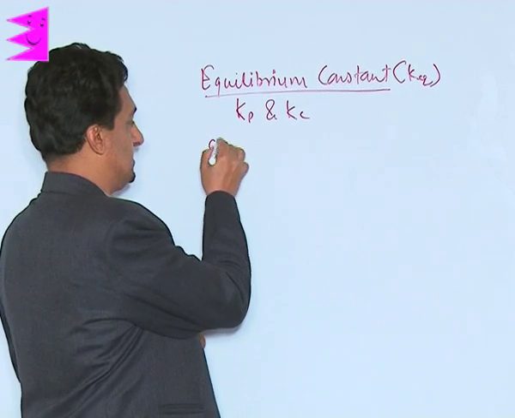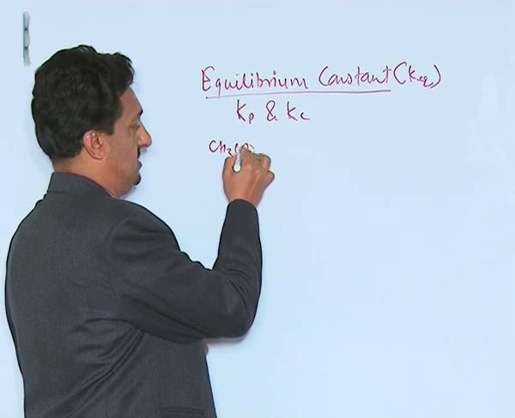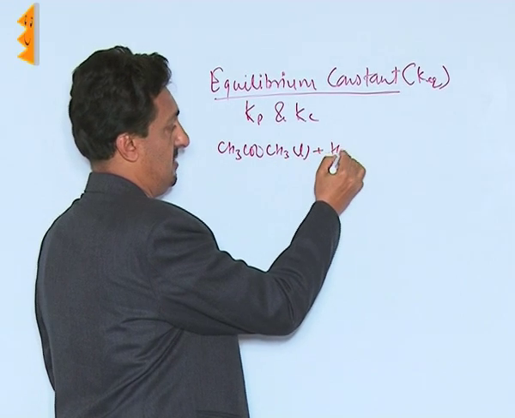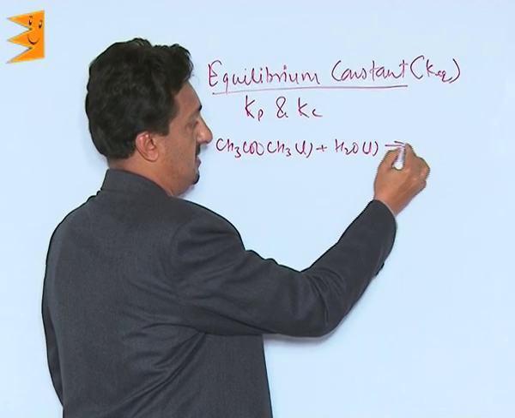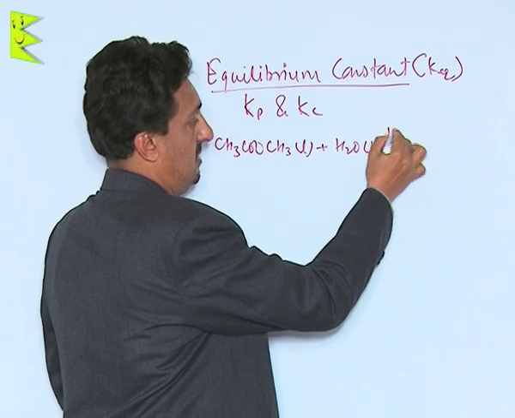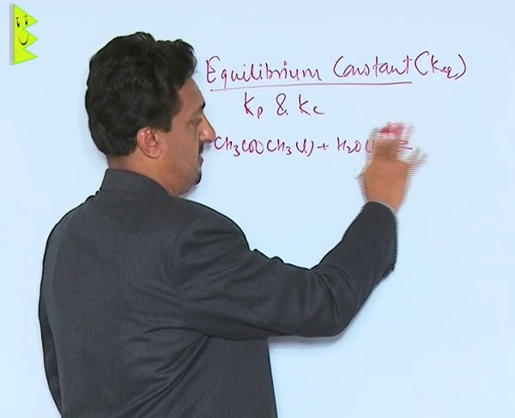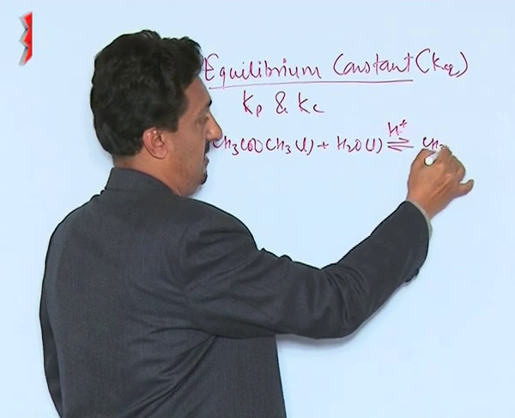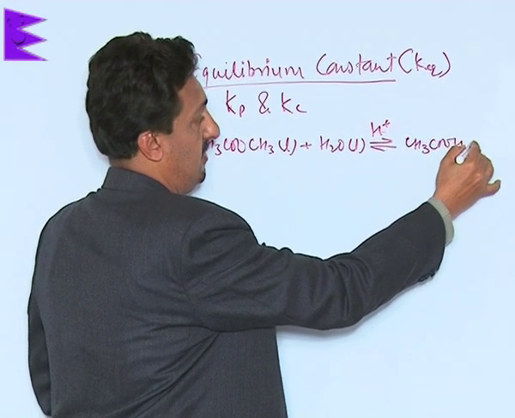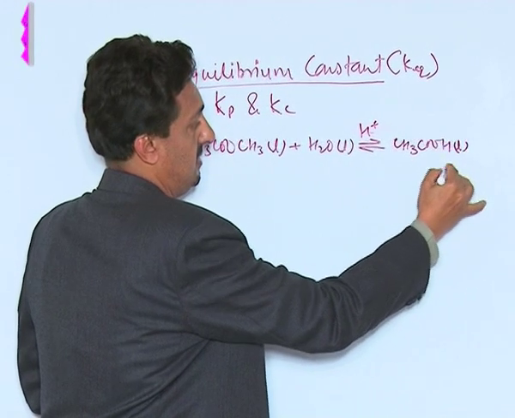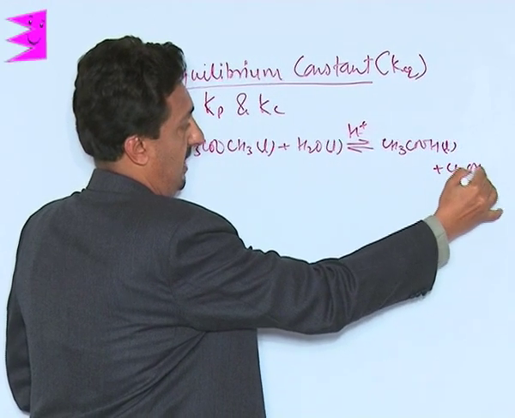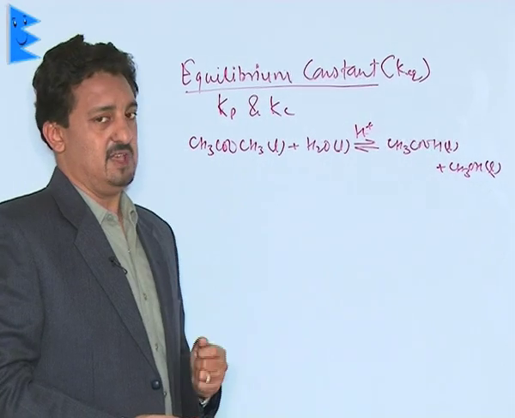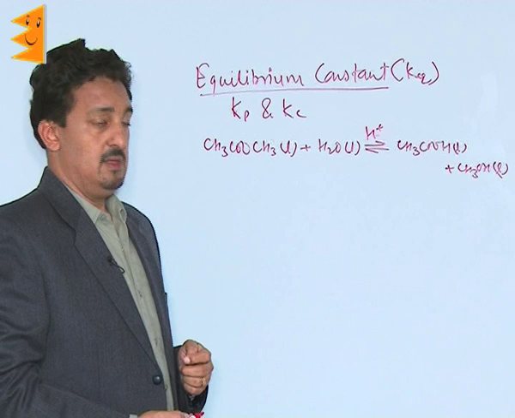The example is the reaction of an ester with water in presence of catalyst sulfuric acid giving you acid liquid plus alcohol liquid. See, all the reactants and the products are liquids.